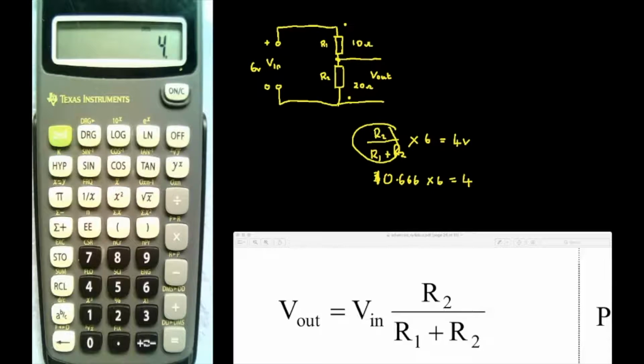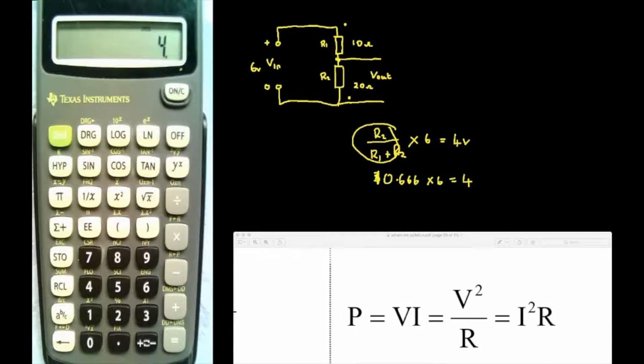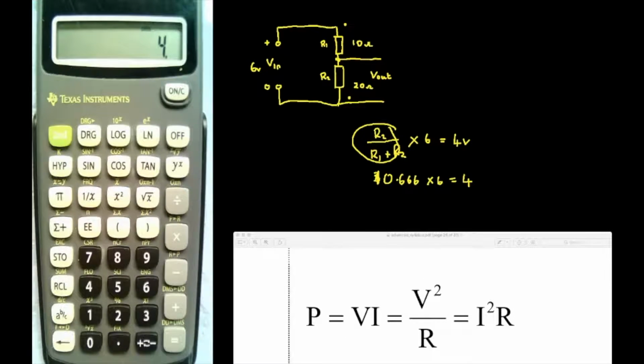Okay, let's have a look along on the second row. Here we've got 3 equations in one, if you like. And let's spend a bit of time to go through this one.